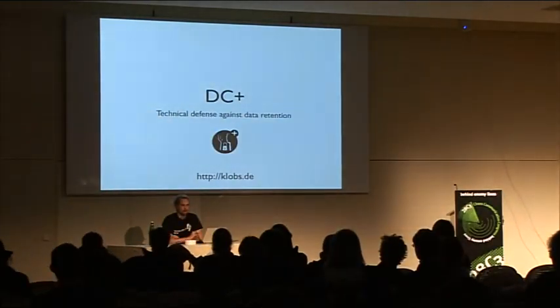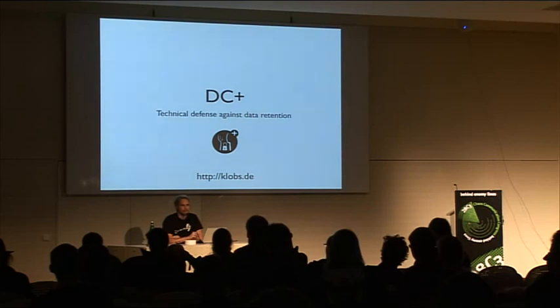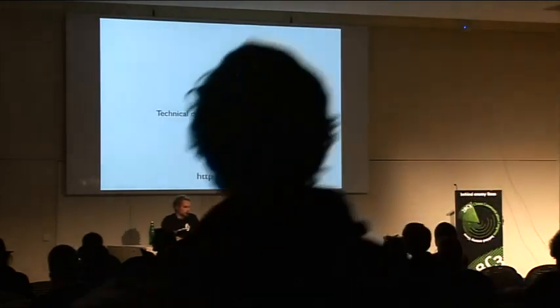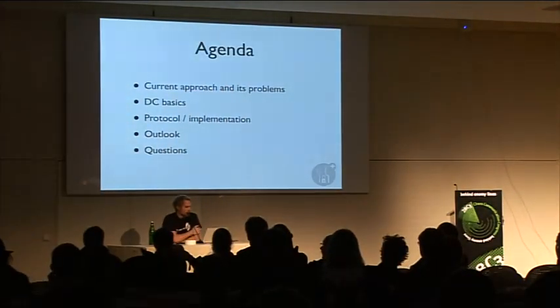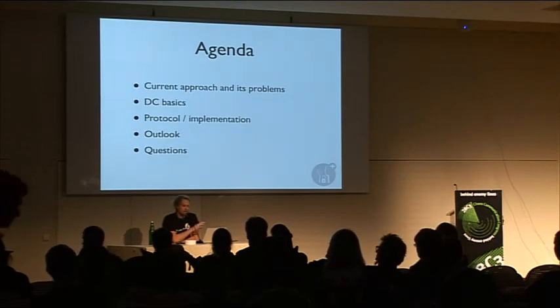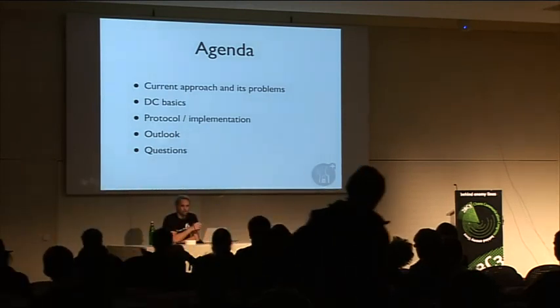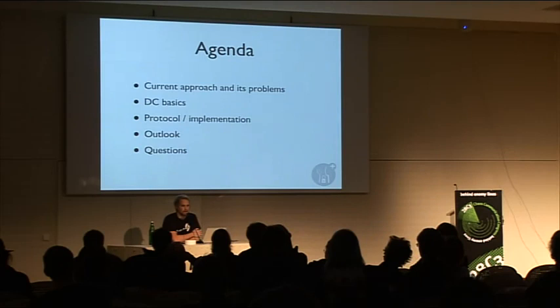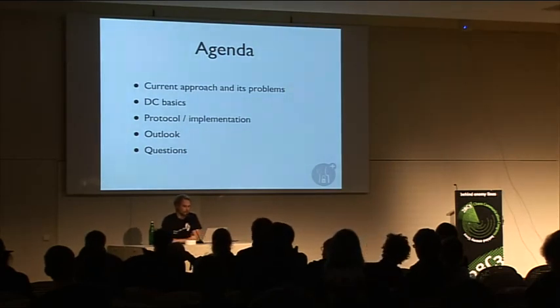And then I will speak about the implementations which I did within the last 10 months or so during my diploma thesis. And of course, I will give an outlook: what is possible, how should the future look like, and then we have plenty of time for questions. So I hope you brought some, or then you will have some.